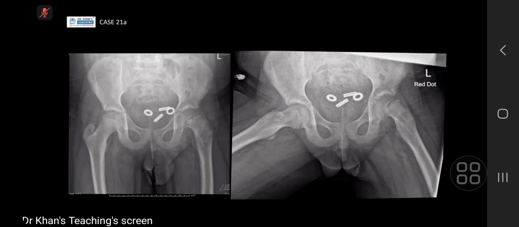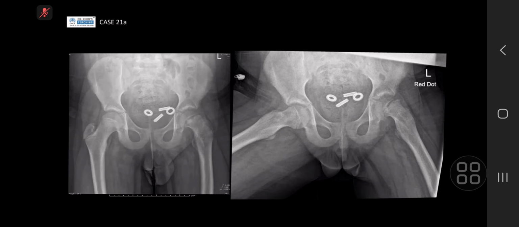Okay, this is a pelvic X-ray for a skeletally immature patient, showing widening in the growth plate at the left hip and the left femoral head epiphysis. It's showing it's posterior medial, where there is a disruption.